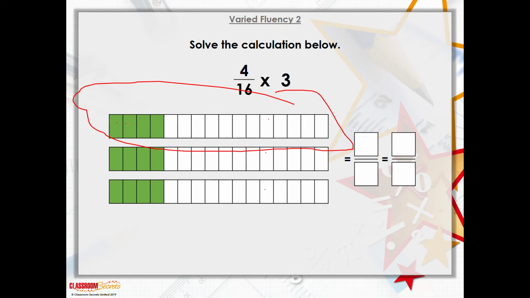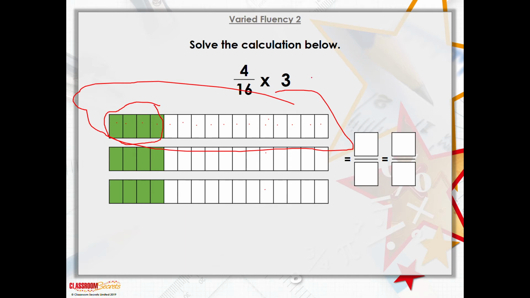That's 1, 2, 3, 4, 5, 6, 7, 8, 9, 10, 11, 12, 13, 14, 15, 16. They've been split into 16 equal parts. 4 of those parts have been shaded in each of my wholes.